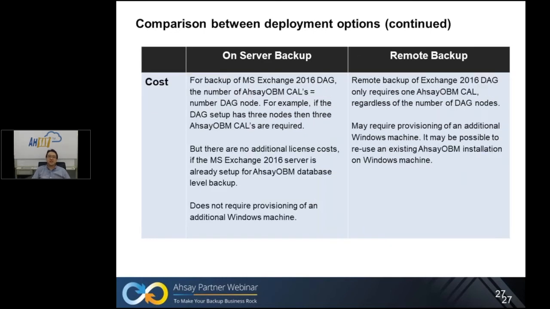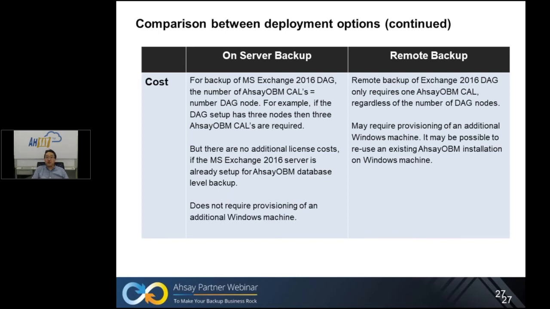Now, let's discuss cost. For on-server backup, for example, for backup of Exchange 2016 DAG, as you know, the number of OBM CALs is equal to the number of DAG nodes. So if you have a three-node DAG, 3 OBM CALs are required.